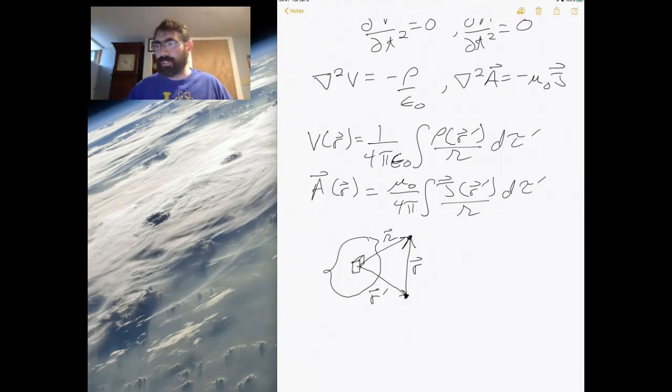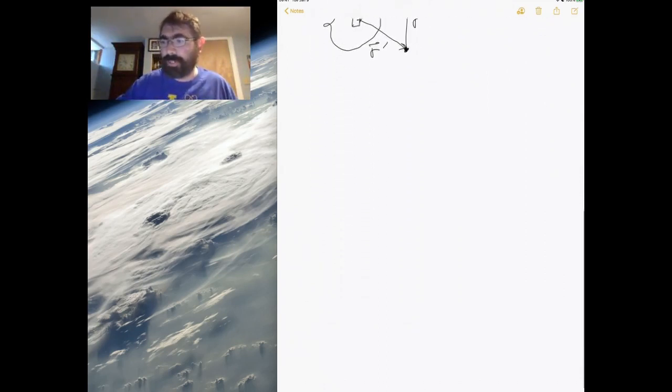Now if we want to consider the non-static case, which is what we want to do, so we want to include time dependence, then we have to consider what is the time doing in the problem, because information about this charge cannot travel faster than the speed of light.